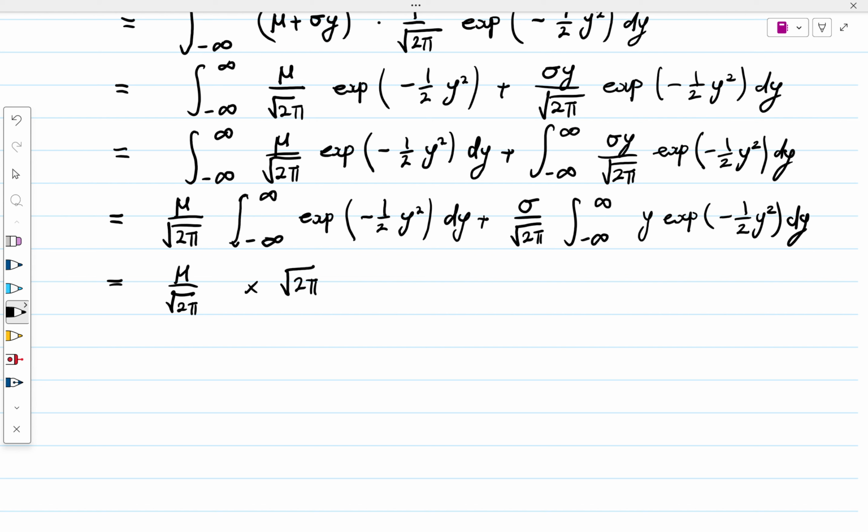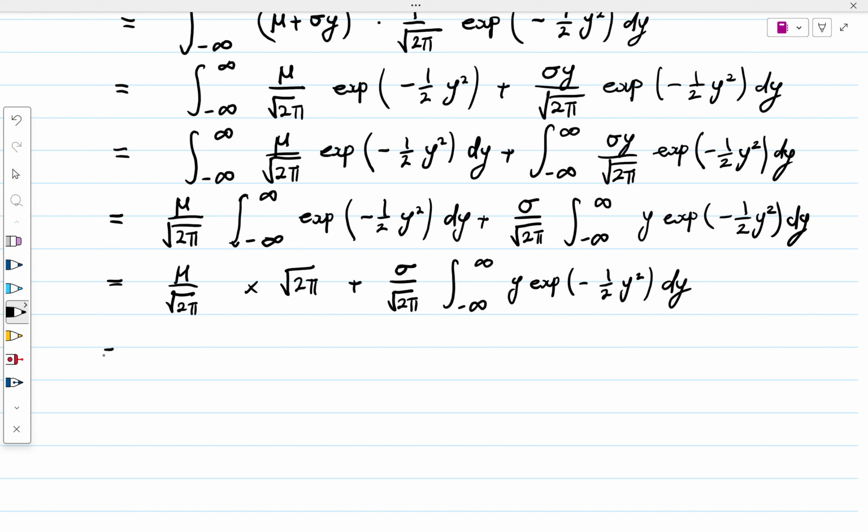The second term here, I'm going to still rewrite for now. Square root of 2 pi, sum negative infinity to infinity of y exp of negative a half y squared dy. So far, so good.